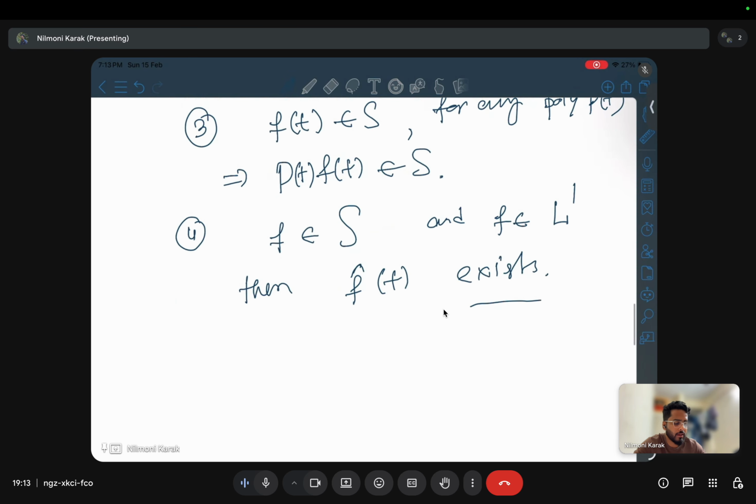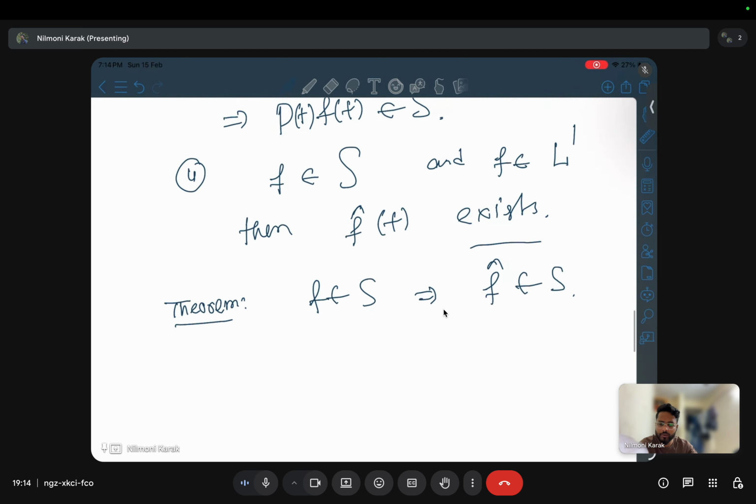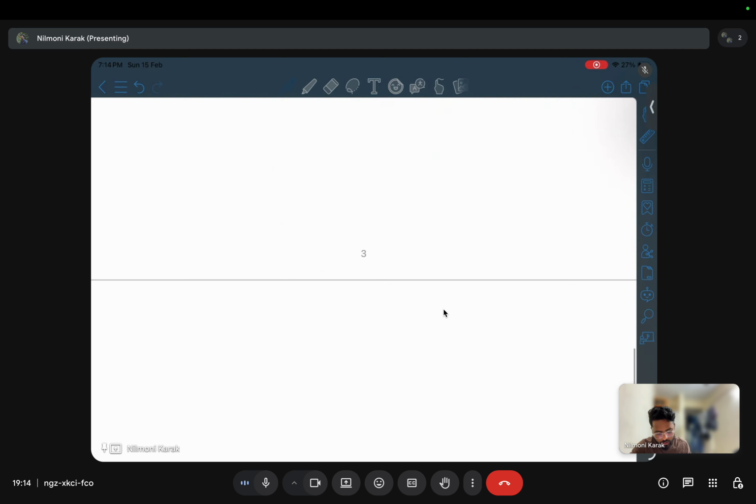So for any function which is in the Schwartz space and which is integrable, you can calculate the Fourier transform of the function. And one theorem: if f is in S, then f hat is also in S. This is also in the lecture video.